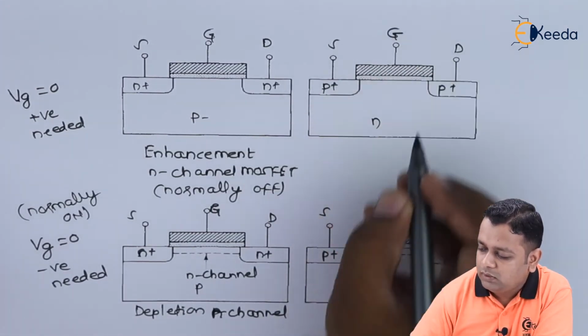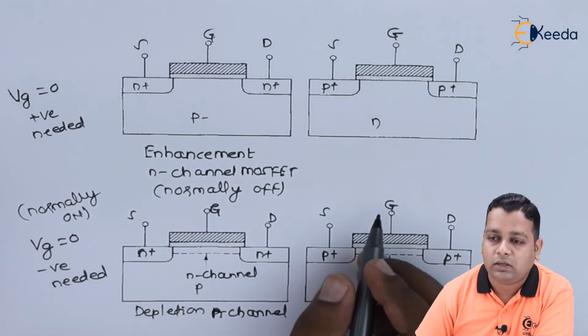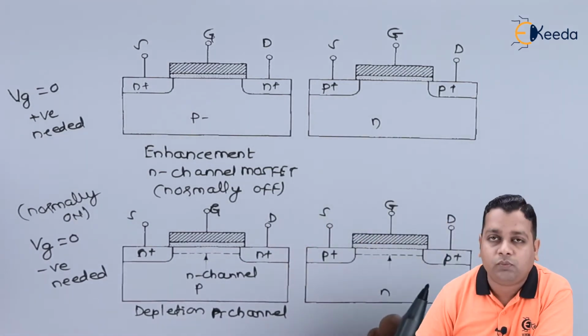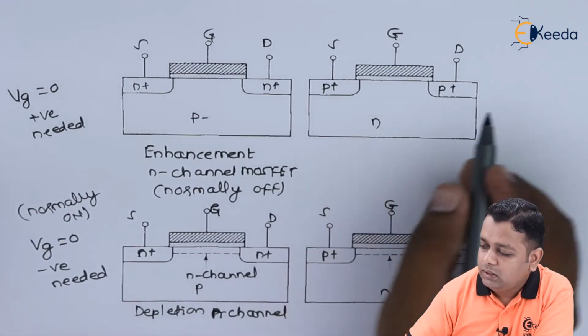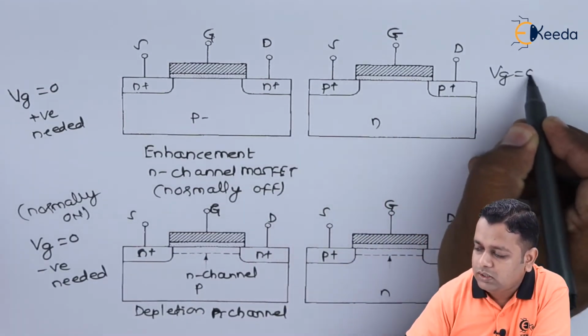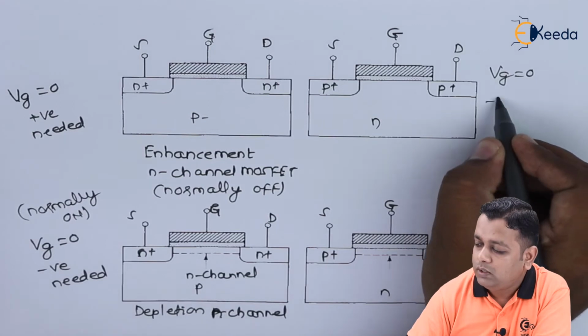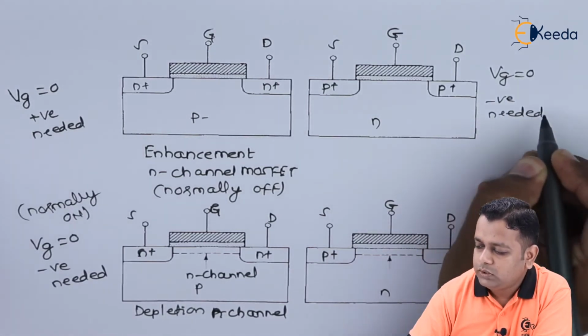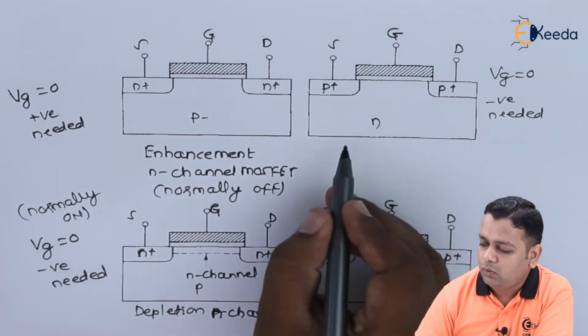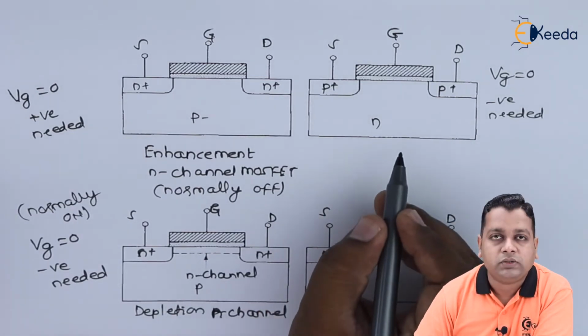Whereas the middle terminal is nothing but the gate terminal that has been connected with the help of the metal contact here. So now here initially the gate potential that it was 0, when it is required to make negative, so that the enhancement type of the MOSFET is obtained here.